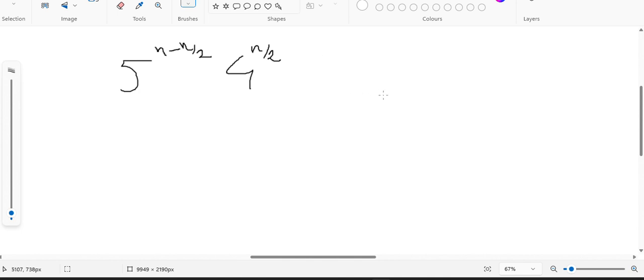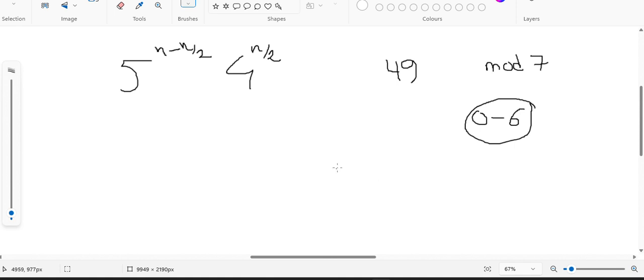Modulo means, suppose I have got a very large number, say 49. If I take any number modulo 7, I will get a number between 0 and 6. So we are taking modulo with 10 to the power 9 plus 7.